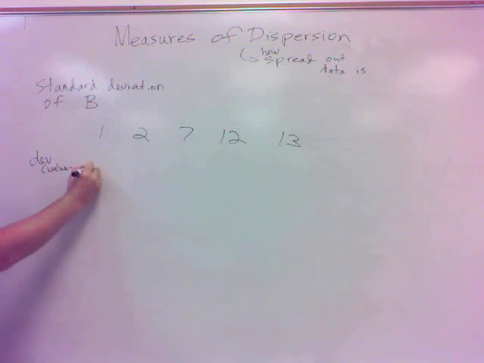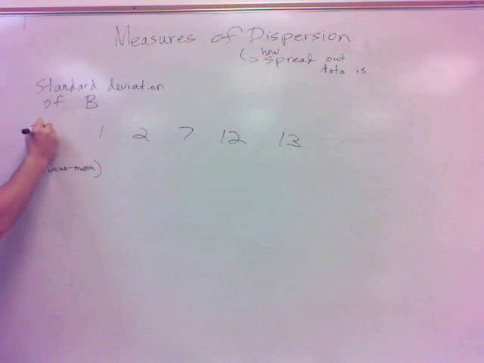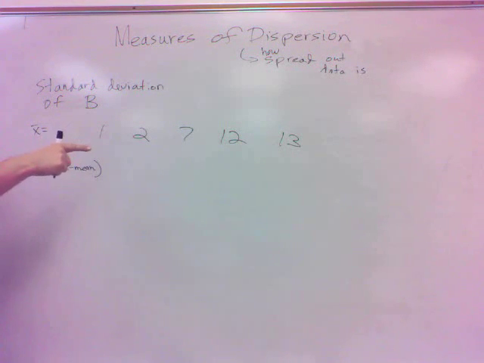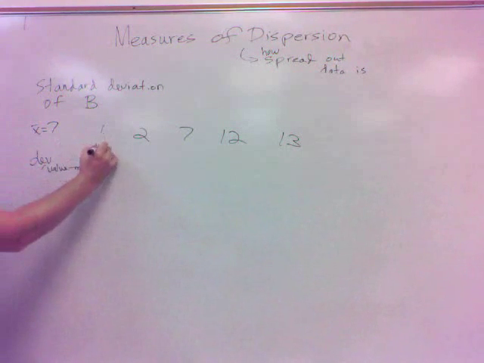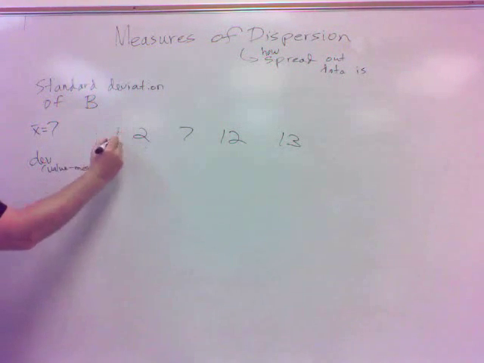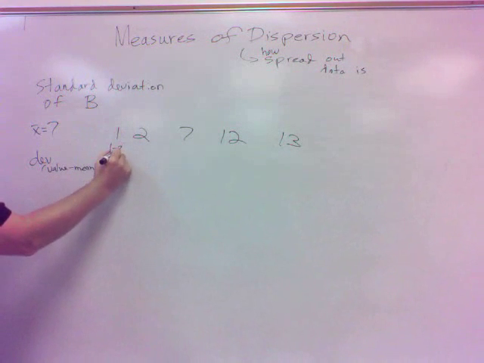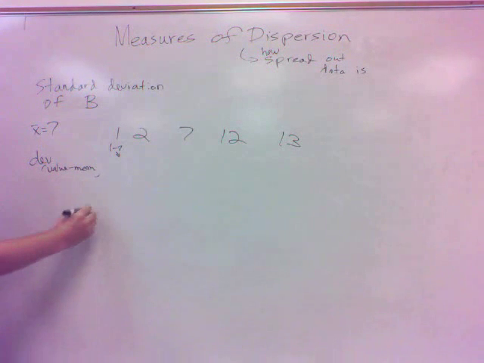What was the mean of this one? They were both 7. Okay, so the mean's 7 again. So I take each value minus the mean. So 1, I do 1 minus 7. That goes here. What's 1 minus 7?